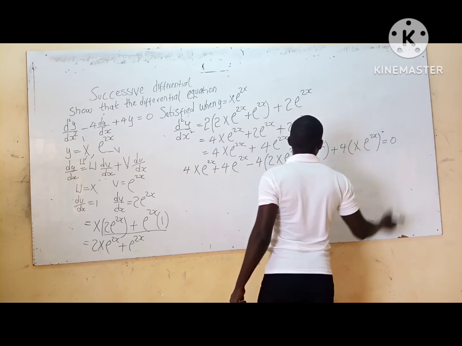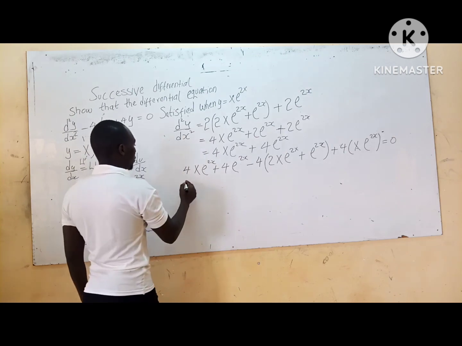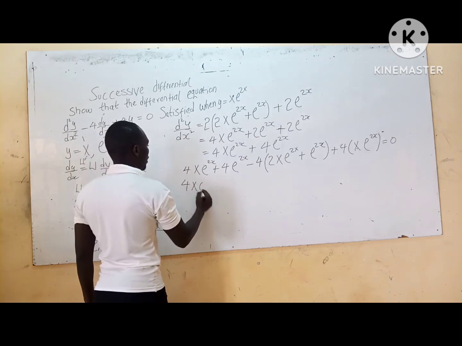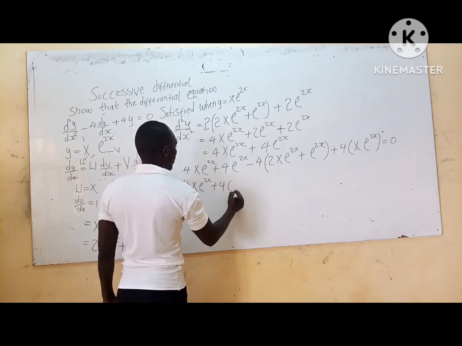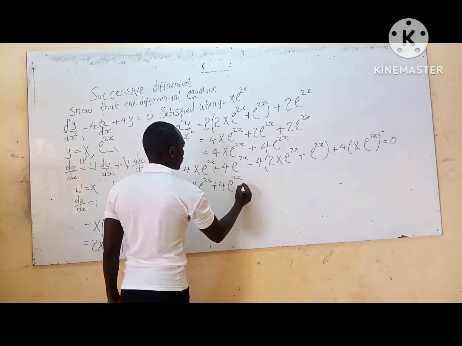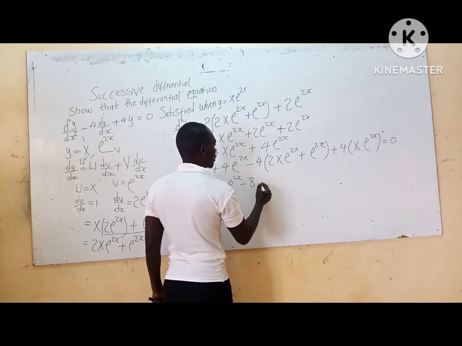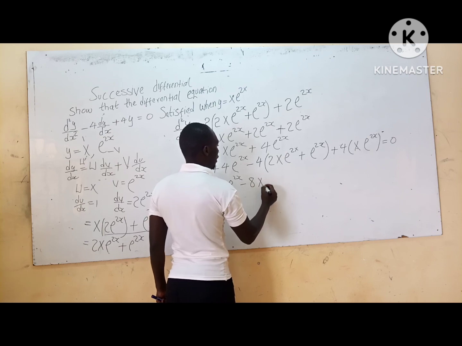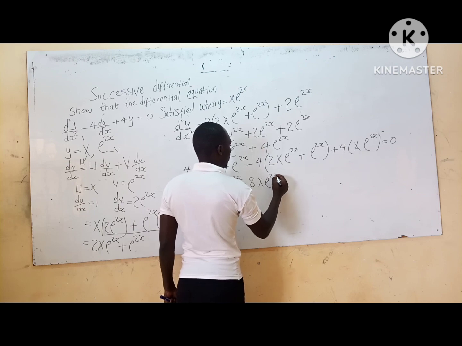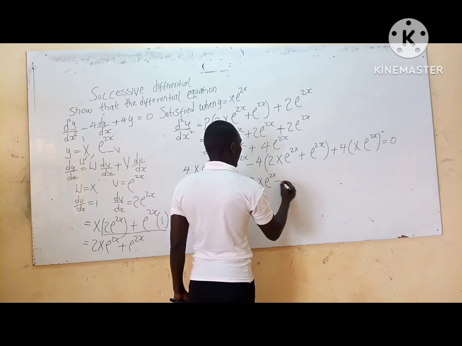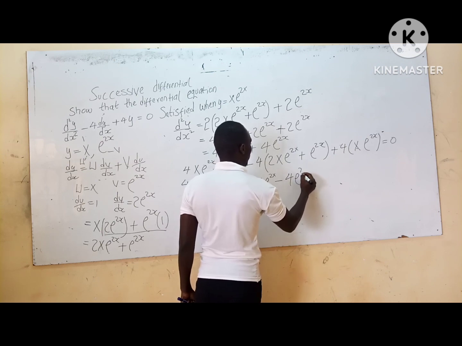Here everything should be equal to 0. Let us now open the bracket. Here we are going to have 4x exponential 2x plus 4 exponential 2x, minus 8x exponential 2x, and here we are going to have subtraction of 4 exponential 2x.